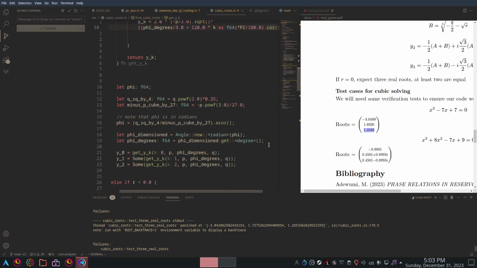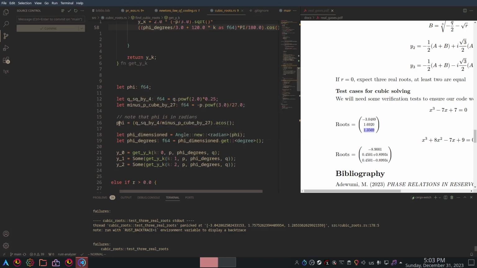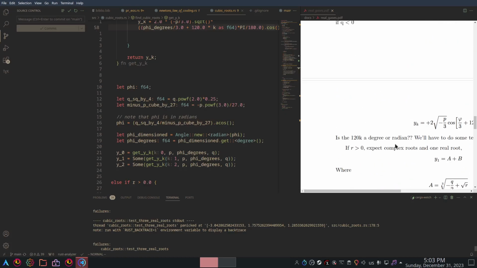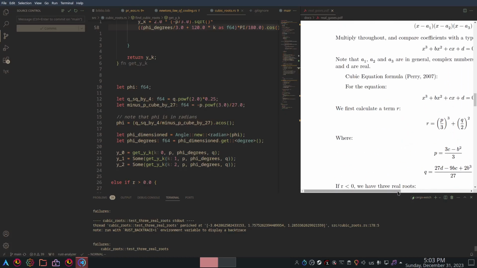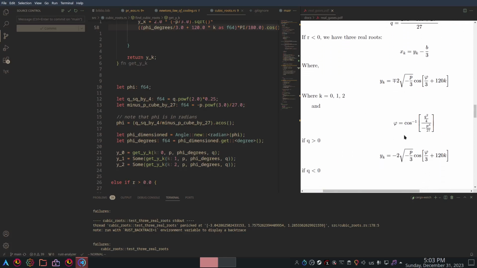You can see here that I'm using a dimensioned phi, and phi is the arc cosine of q squared by 4 divided by minus p cubed by 27. p and q are listed here.